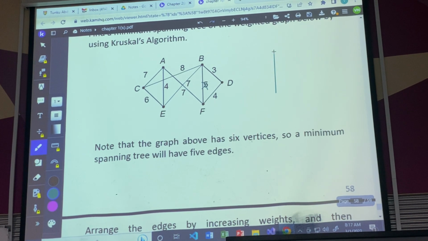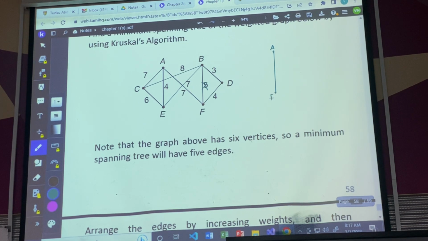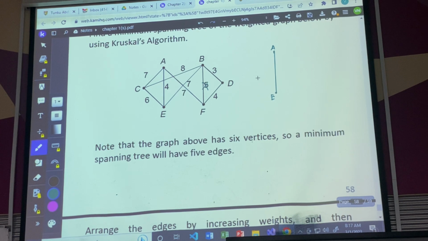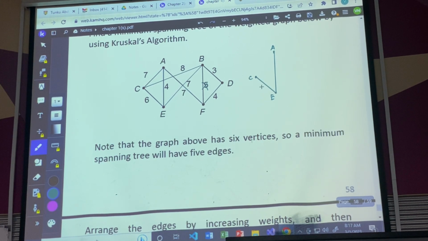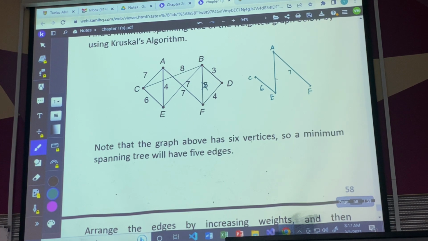AE, this one, then CE, this is AF. AF is 7, AE you have 4.